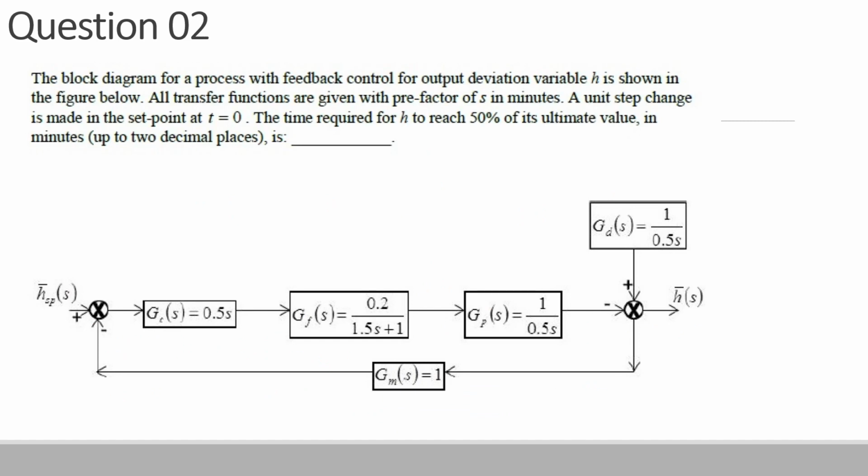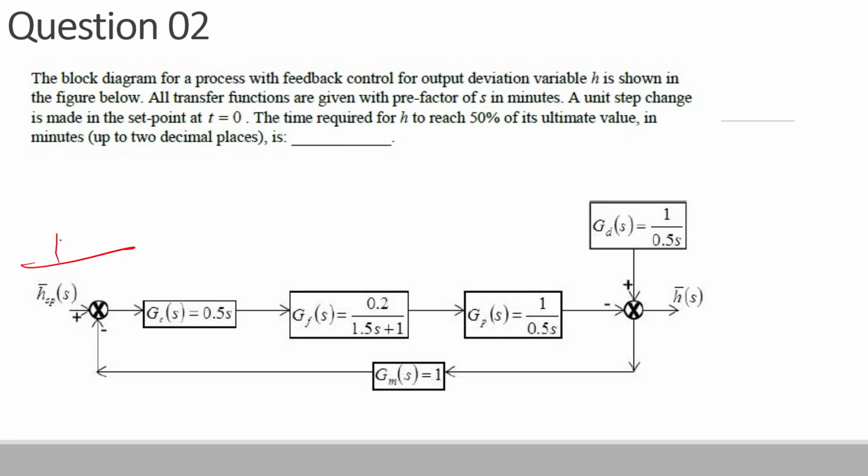Over here we won't be solving this question. I'll just take you through the walkthrough or the methodology behind it. In this question we have been given the block diagram for a process with feedback control for output deviation variable h, shown in the figure below. All transfer functions are given with the prefactor s in minutes. A unit step change is made in the set point at time t equal to 0.